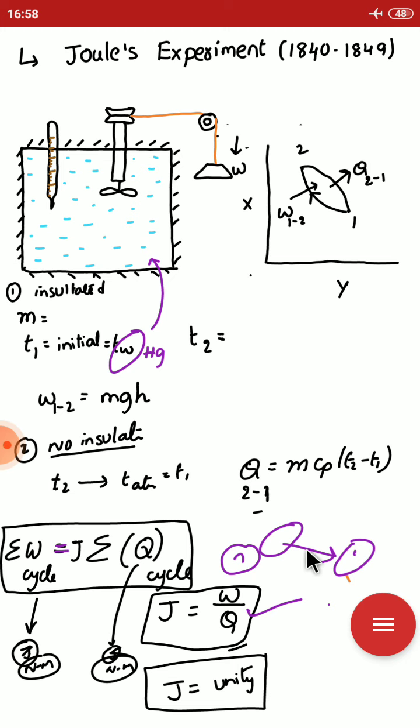This is known as the caloric theory of heat. It was Joule who first established that heat is a form of energy, and this laid the foundation of the first law of thermodynamics.